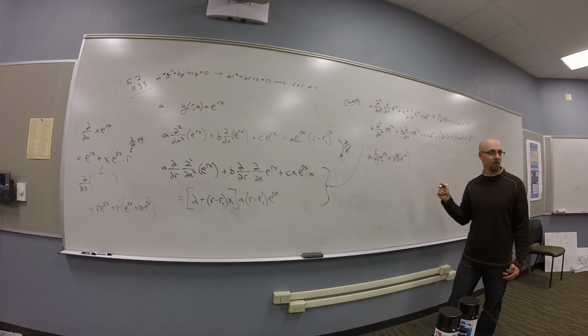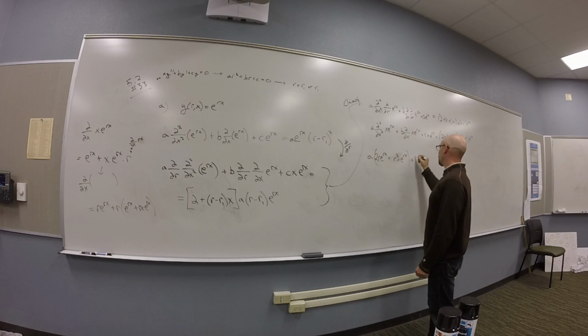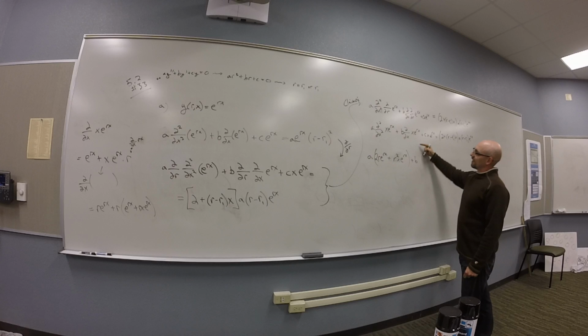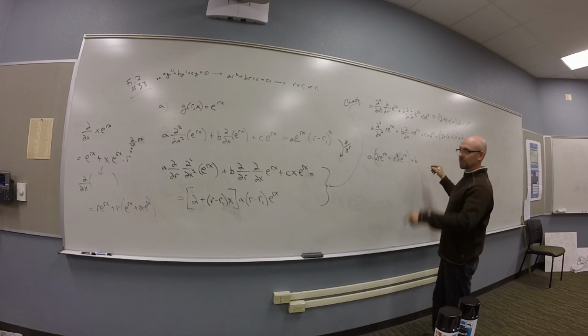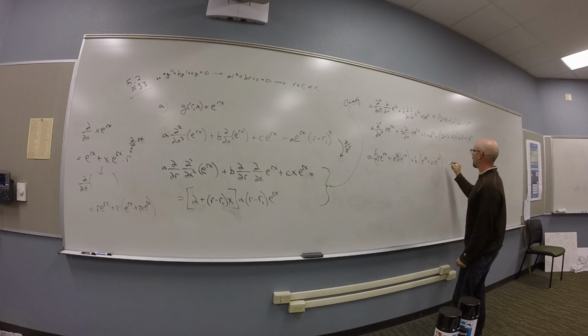And then I have b times the first thing, which was e to the rx plus x r e to the rx. And then I have plus cx e to the rx. And I know that's supposed to be this other thing.